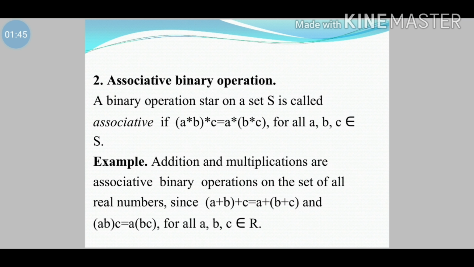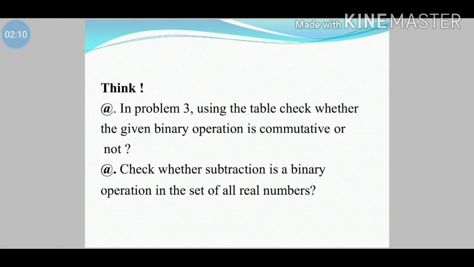Now we can easily show that (a plus b) plus c is equal to a plus (b plus c) for every a, b, c belonging to R, meaning addition is an associative binary operation in R. In a similar way, we can easily see that multiplication is also an associative binary operation in R. That is, (ab) into c is equal to a into (bc) for all a, b, c belonging to R.